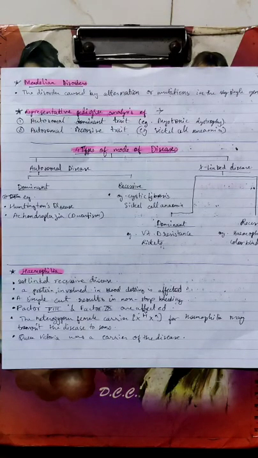Recessive, we have males more affected. Disease tends to transfer from mother to son, and from father to daughter. Example, hemophilia and color blindness.